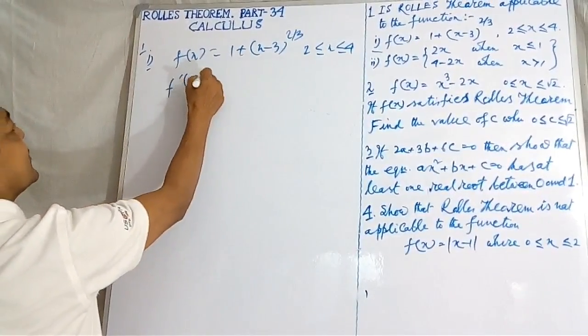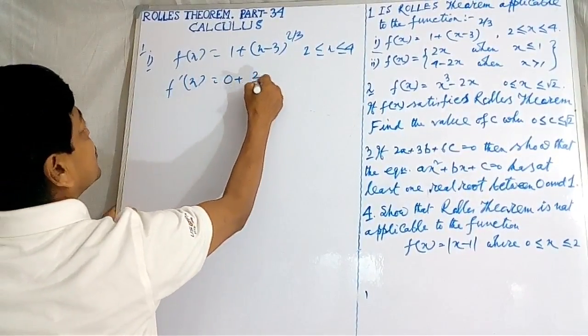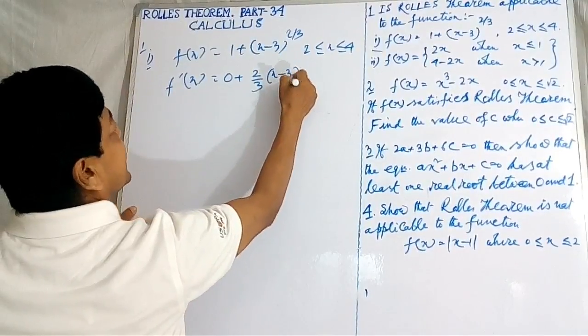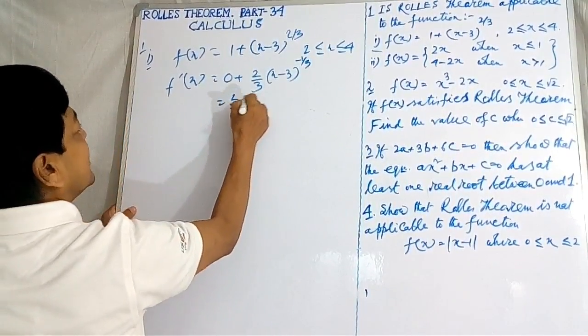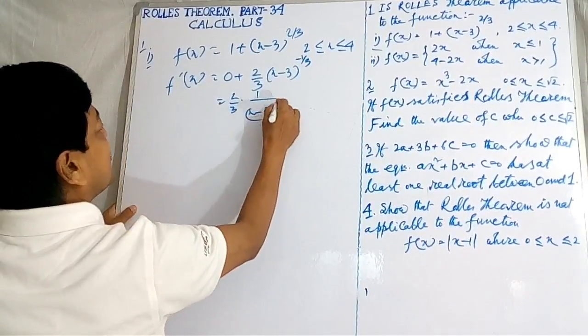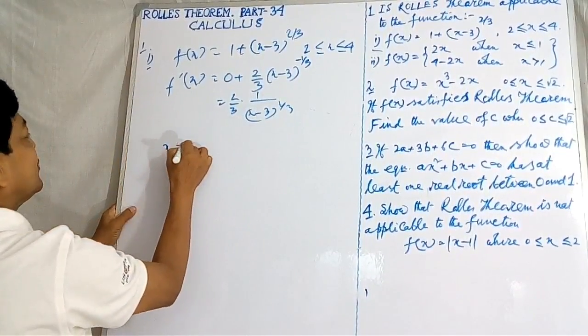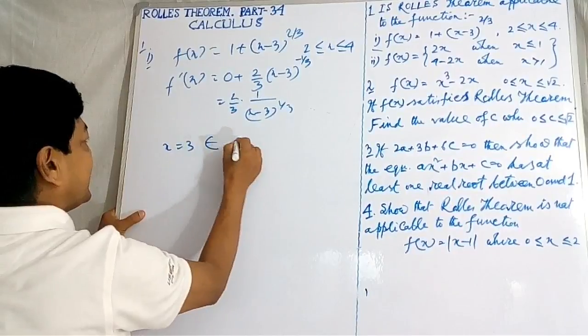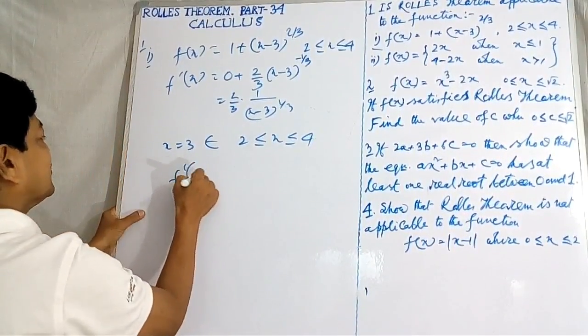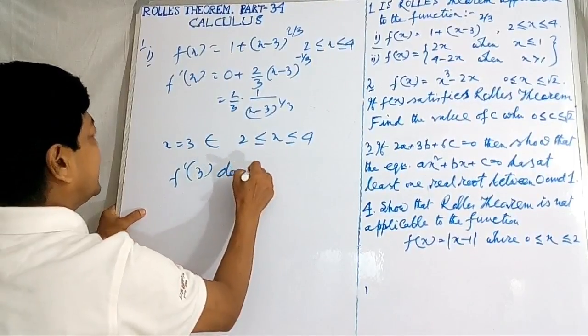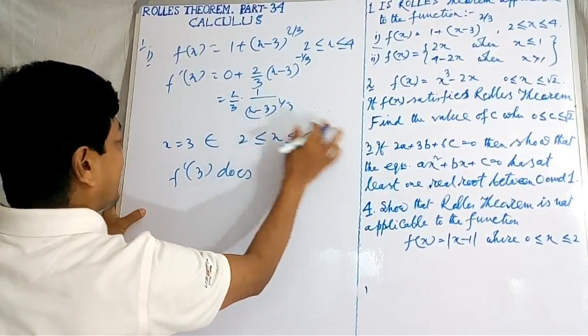then f'(x) equals 2/3 (x minus 3) to the power 2/3 minus 1, that is minus 1/3. That is 2/3 times 1 by (x minus 3) whole to the 1/3. Now x equal to 3 lies between 2 and 4. Now f'(3) does not exist. If you put 3, it is 1 by 0, undefined.